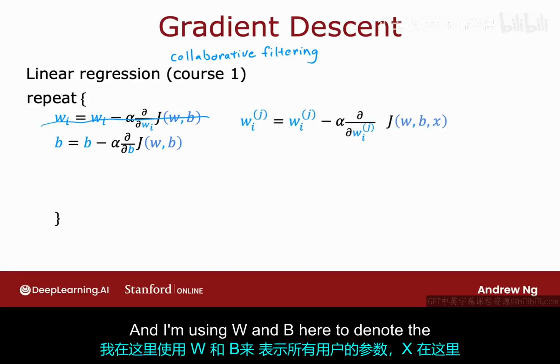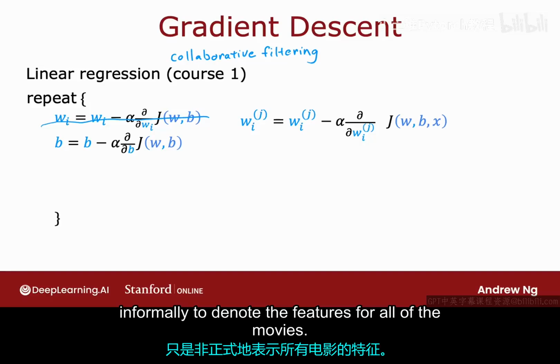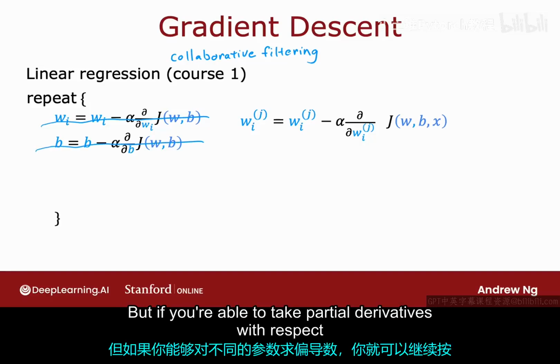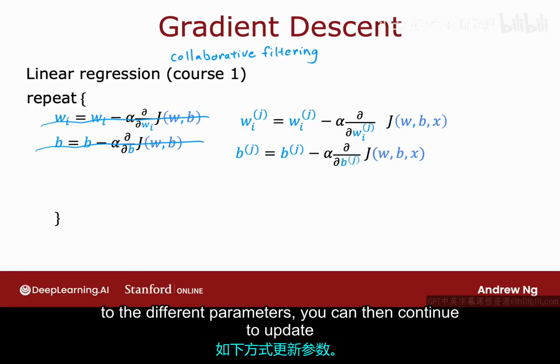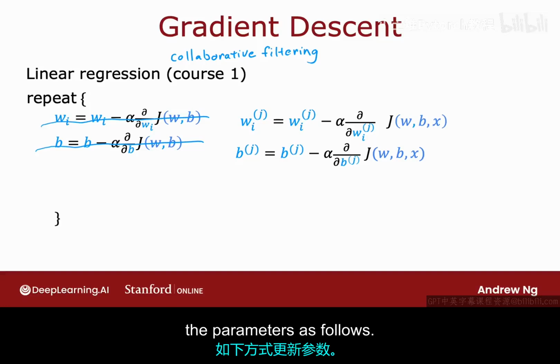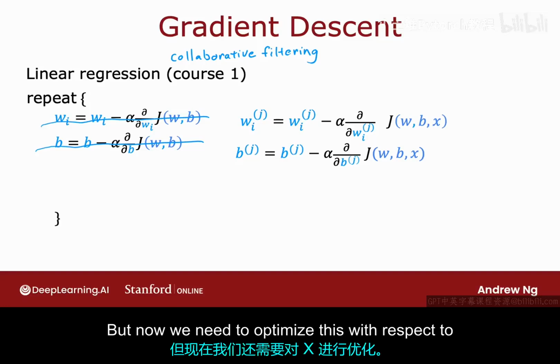I'm using w and b here to denote the parameters for all of the users, and x here just informally to denote the features for all of the movies. But if you're able to take partial derivatives with respect to the different parameters, you can then continue to update the parameters as follows. But now we need to optimize this with respect to x as well.